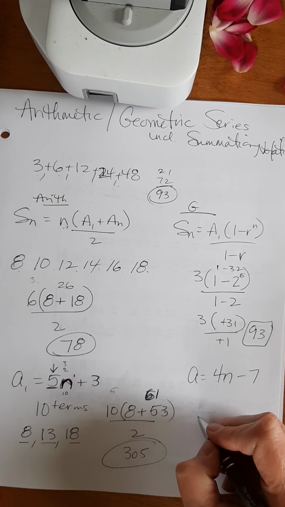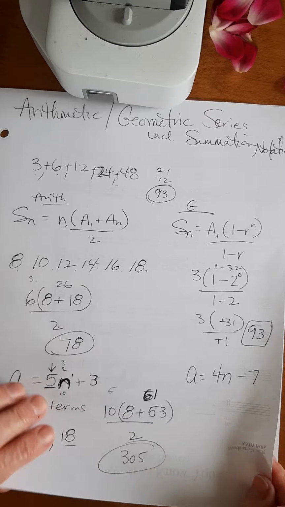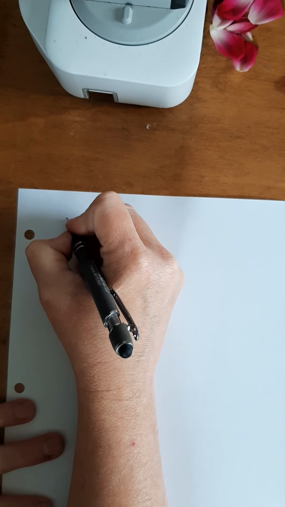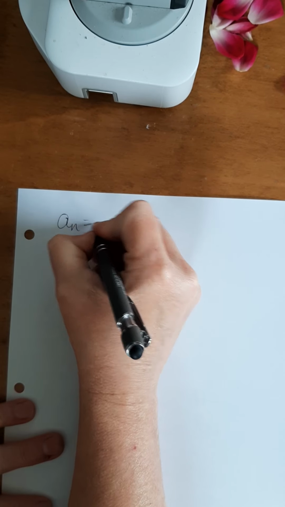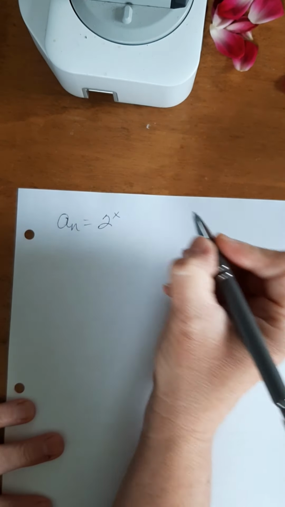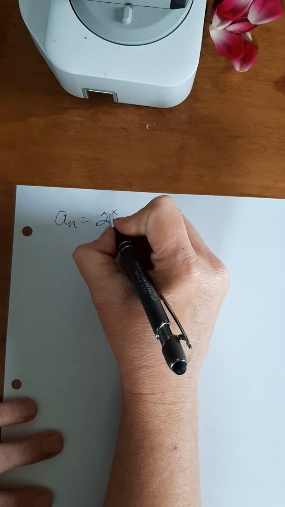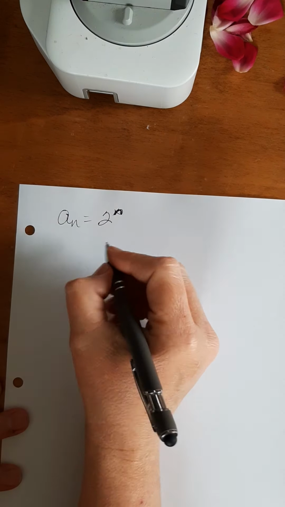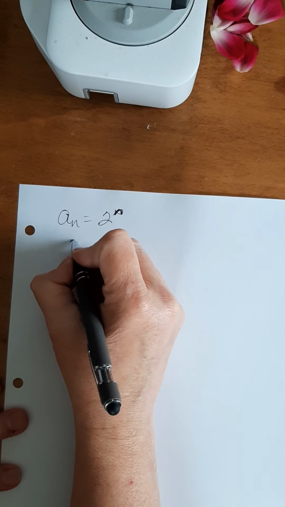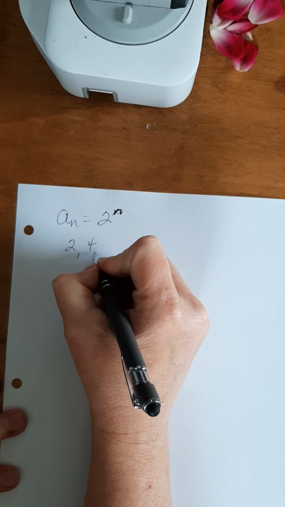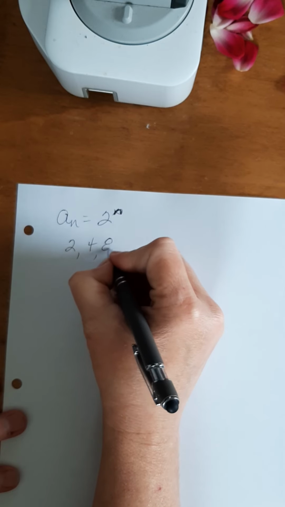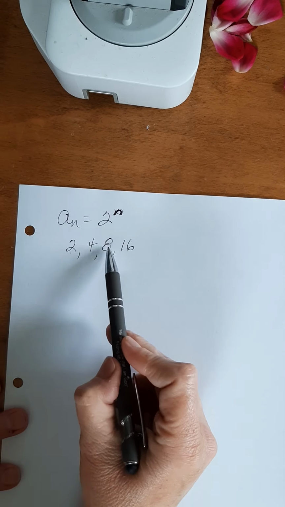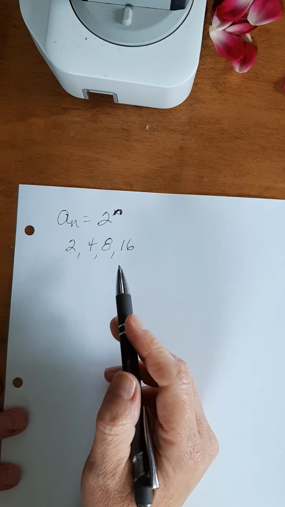Now let's say you have something like 2 to the n. We'll still stick with n. Well, notice if you plug in 1, 2 to the first, 2 squared, 2 cubed, 2 to the 4th, how are you getting to each term?